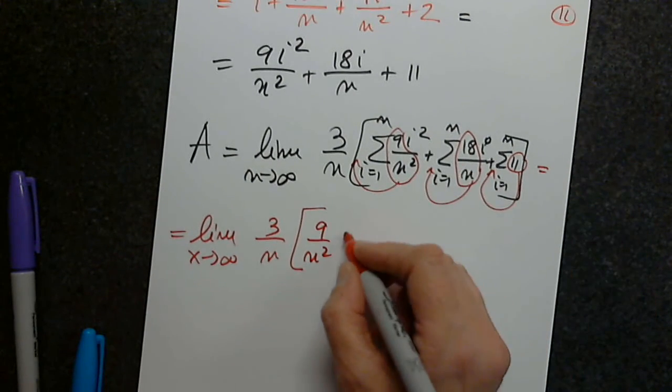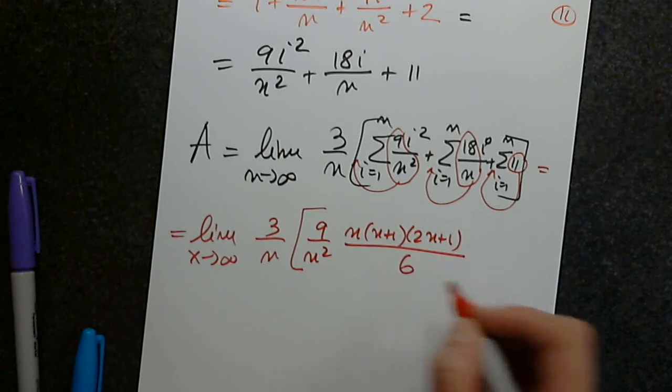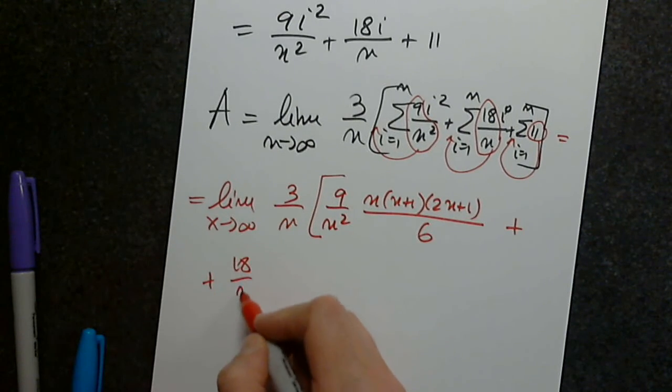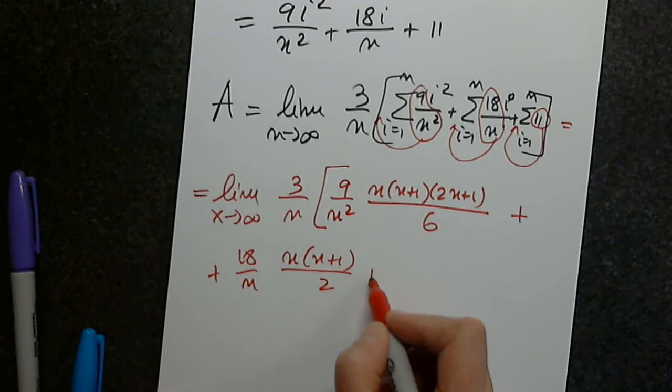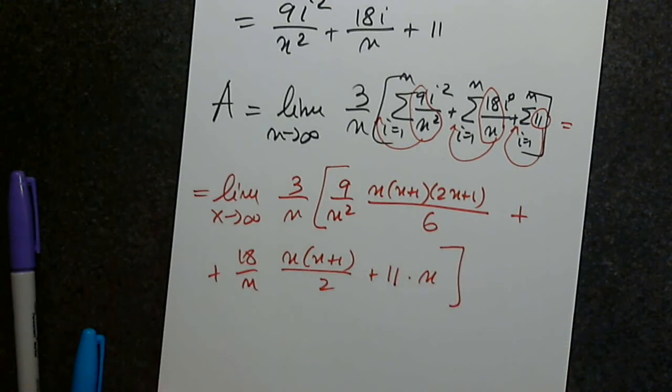This is the ugly one: n plus 1, 2n plus 1 divided by 6, plus 18 over n, the sum of i, n plus 1 over 2, plus 11, the sum of 1, which is n.